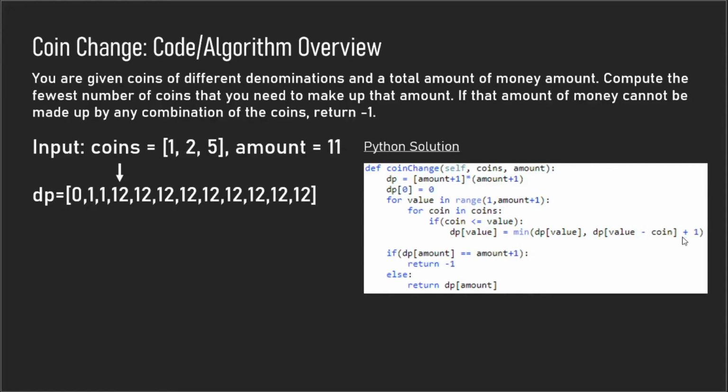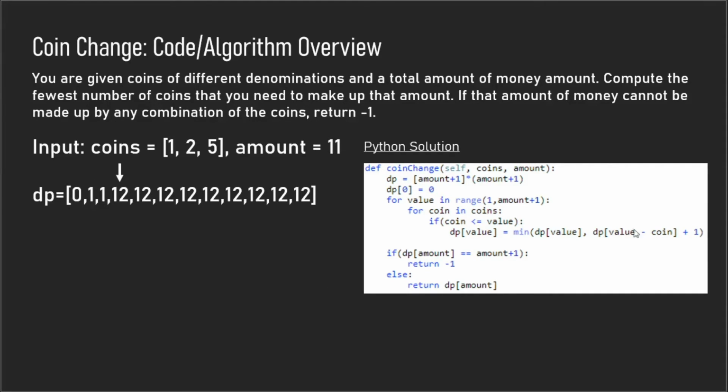This line of code here is very important, and this dp[value - coin] + 1 part is where we're essentially taking a previous solution and then adding 1 to it in the event that you're actually doing the selection, right? Say we're at index 3 now. To find the optimal number of coins it takes to get to the amount 3, we're going to use the optimal number of coins it takes to get to these previous amounts to calculate that.